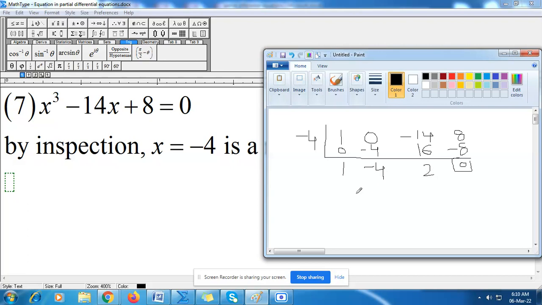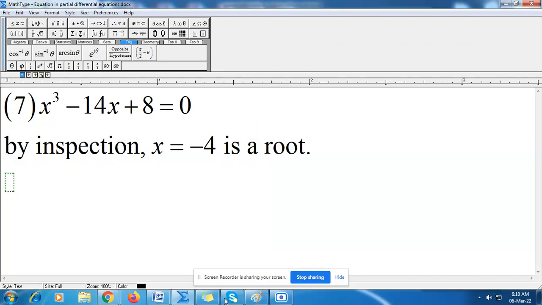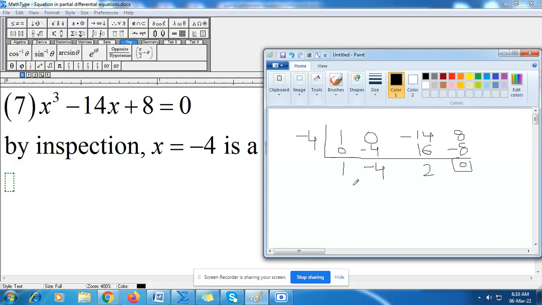So that can be written by decreasing 1 degree. What do we have? 1 into x square minus 4 into x plus 2 is equal to 0.